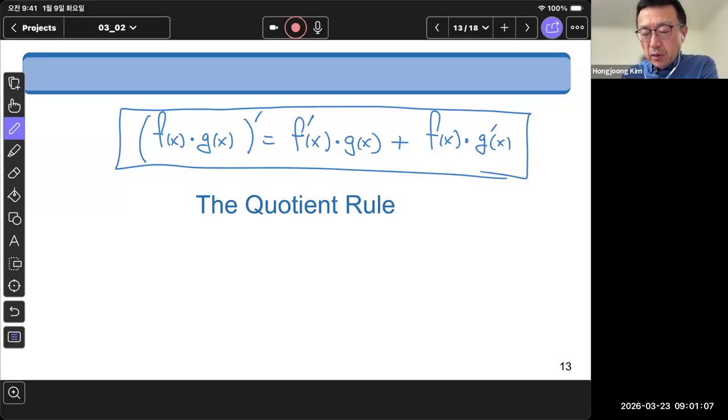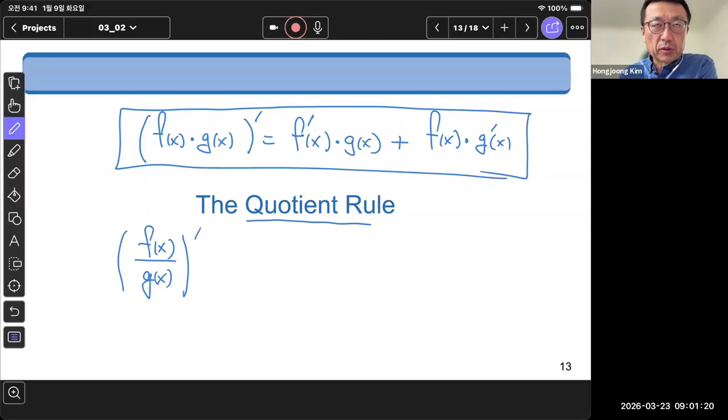Now, in case of the quotient rule, we have the quotient of two functions. So, for example, f of x over g of x. Then what did I tell you about the derivative of this quotient? You first differentiate the numerator.